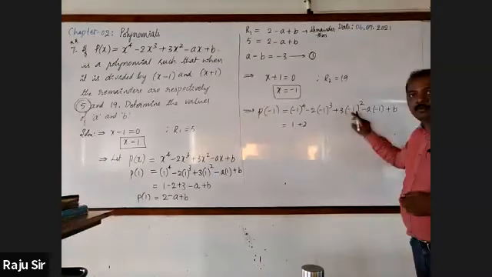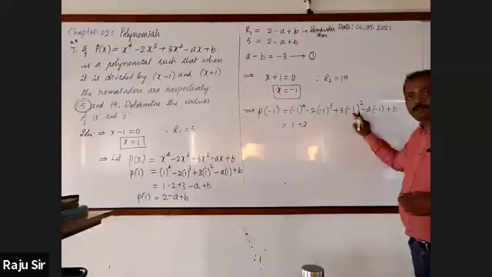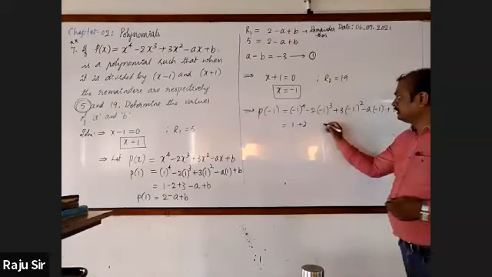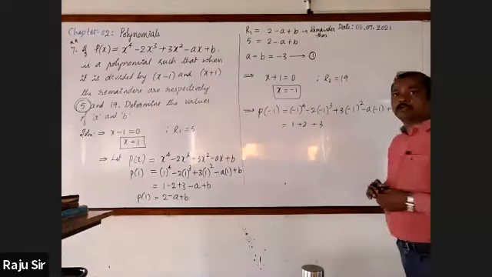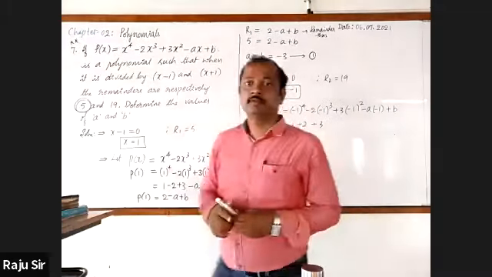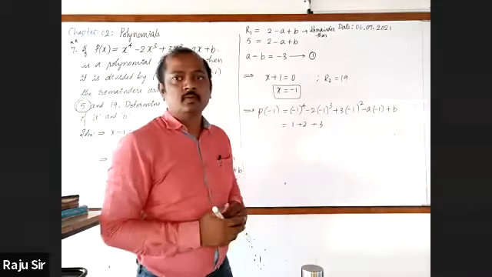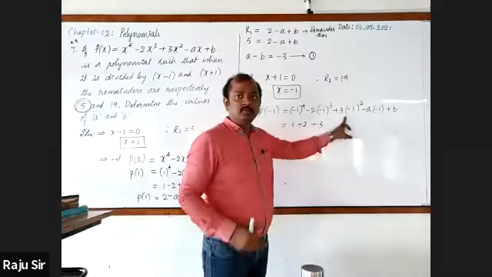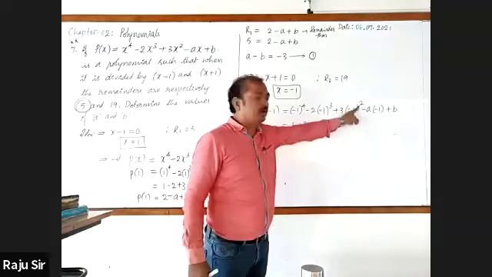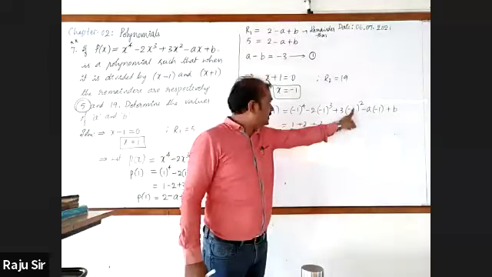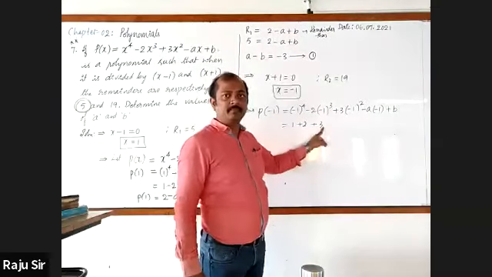Minus 1 whole square is plus 1, into 3 is plus 3.